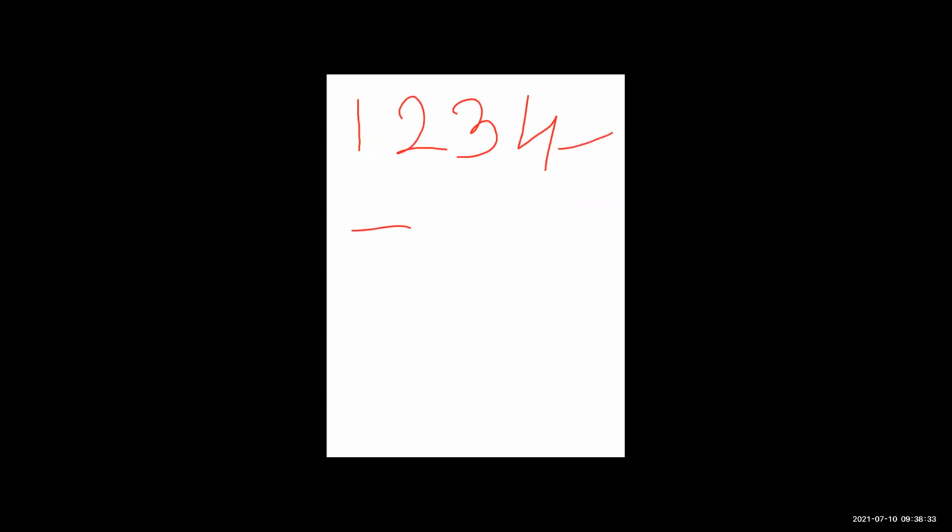What will come next? You have to observe. Here is the sequence of the numbers: 1, 2, 3, 4. After 4, what number will come? 5. After 5, 6. After 6, 7. After 7, 8.